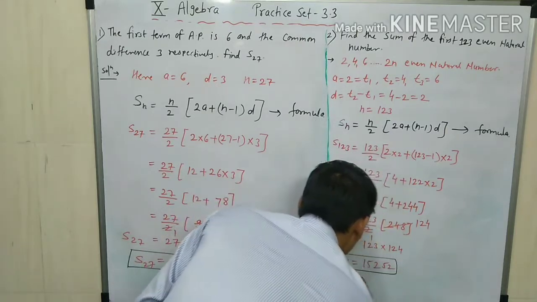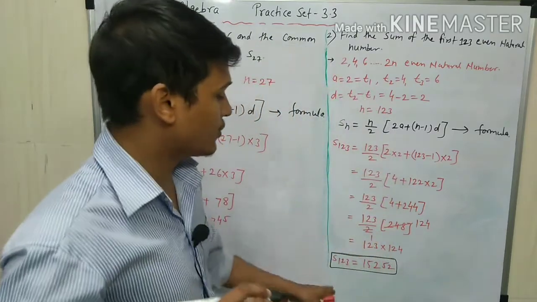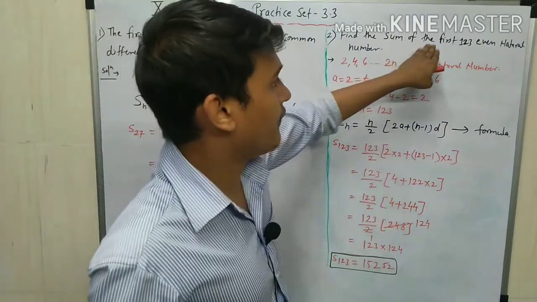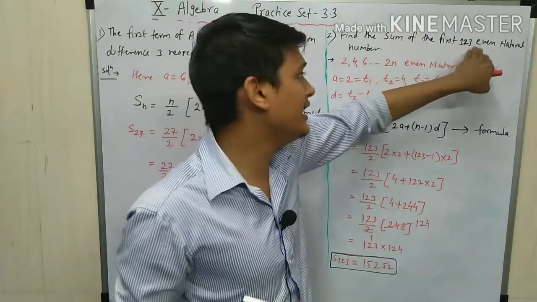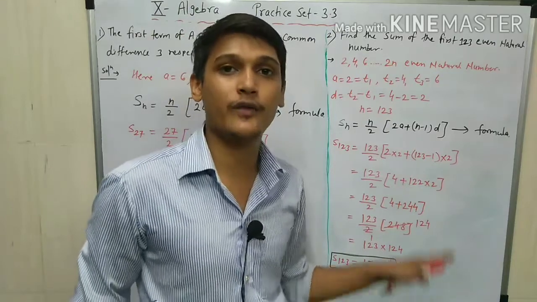This is your final answer. Now we can write down the answer: the sum of the first 123 even natural numbers is 15,252.